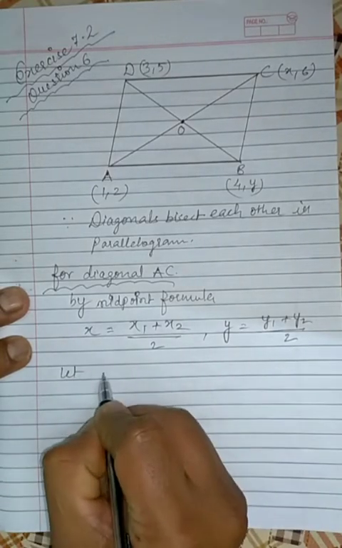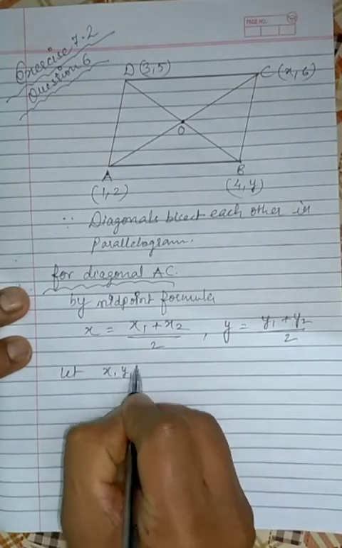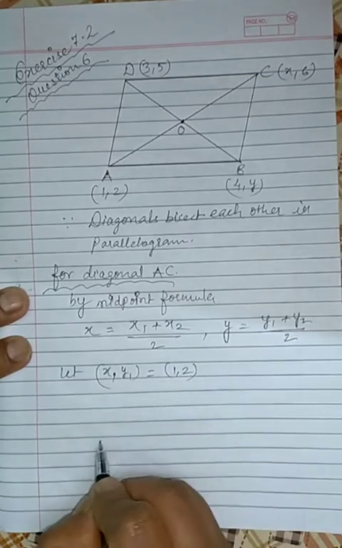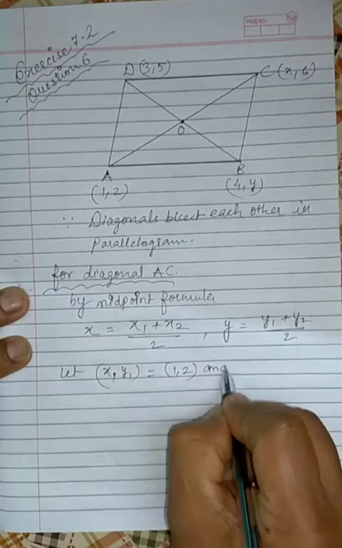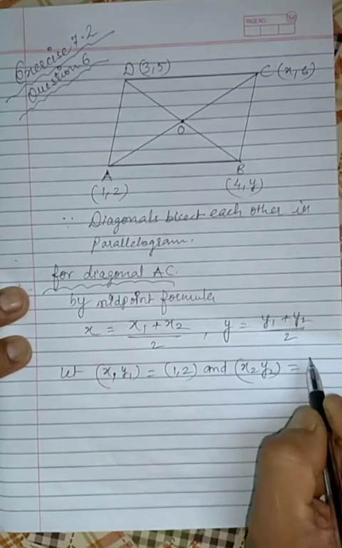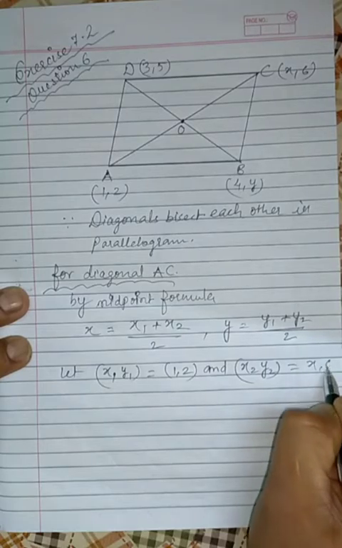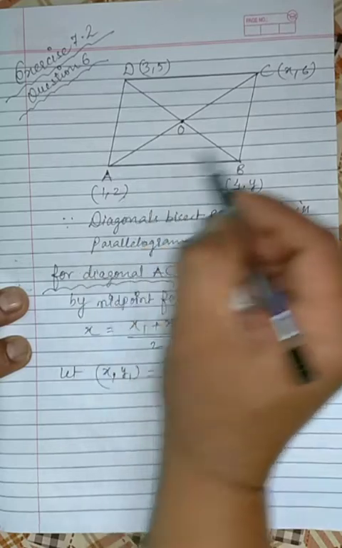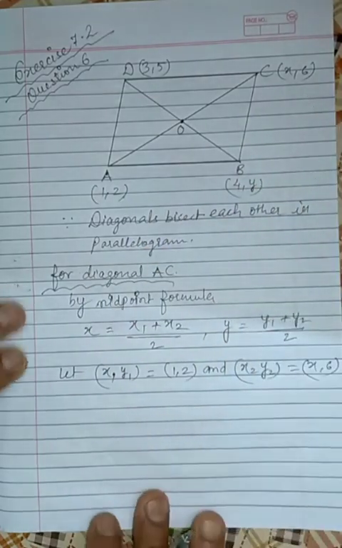So let (x1, y1) be equal to (1, 2) and (x2, y2) be equal to (x, 6). We have considered A as (x1, y1) and C as (x2, y2).